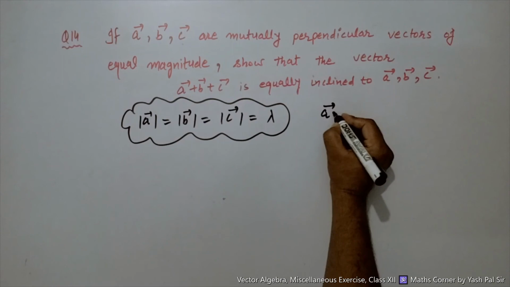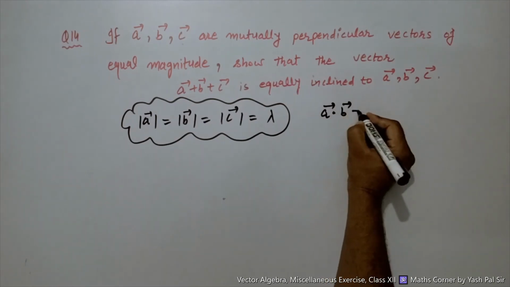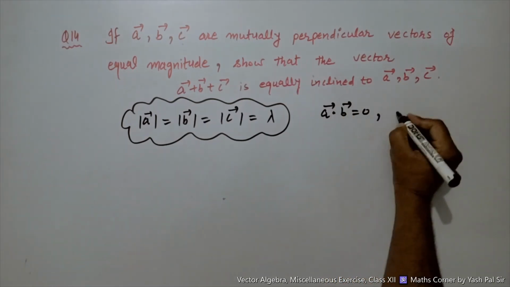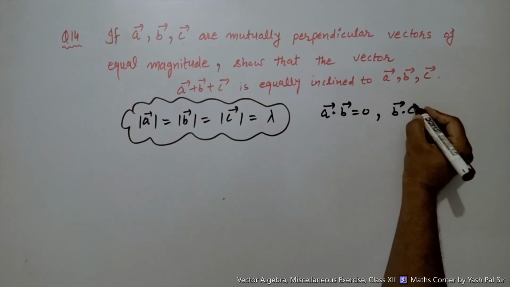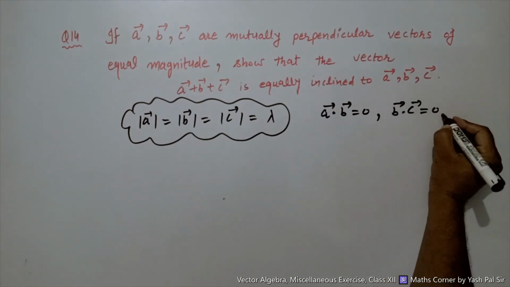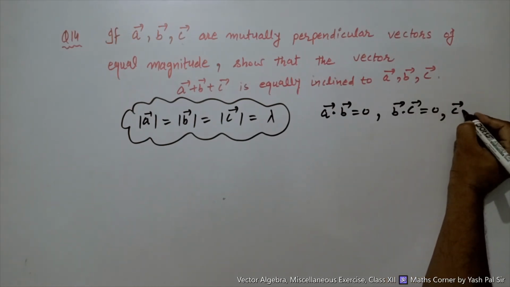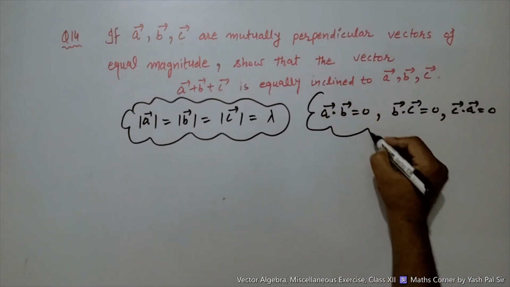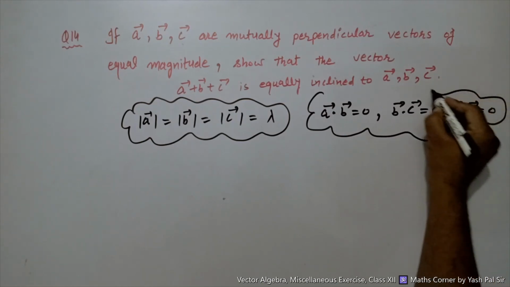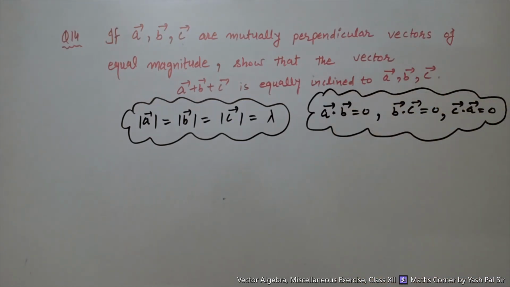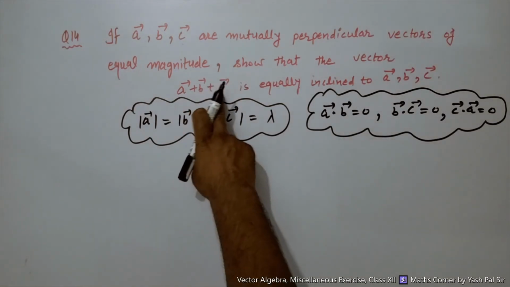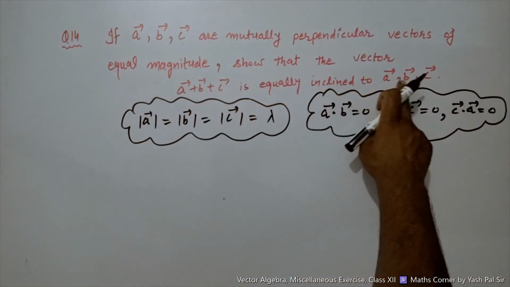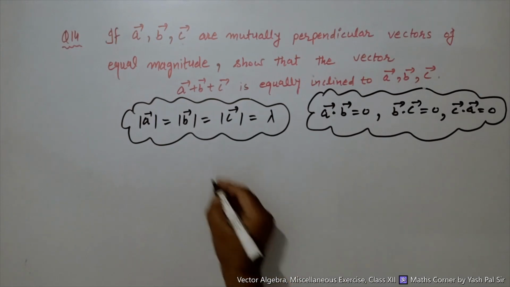So we write vector A dot vector B equal to 0, vector B dot vector C also equal to 0, vector C dot vector A is also equal to 0. So these two conditions are given, right? Now show that the vector A plus B plus C is equally inclined to A, B and C.